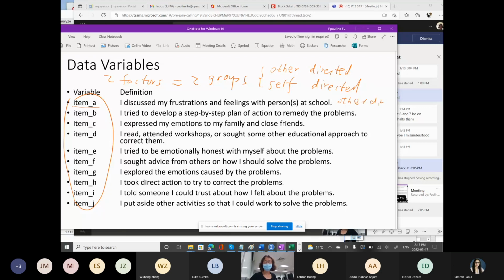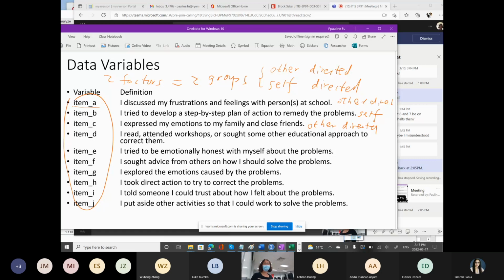Item B, I try to develop a step-by-step plan to remediate the problem. So this is self-directed, right? Item C, I express my emotion to my family and close friends. This is other directed, etc. Okay? So this is one way to group.